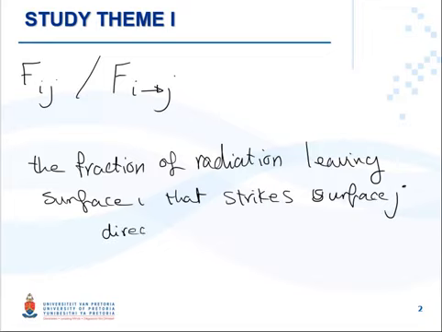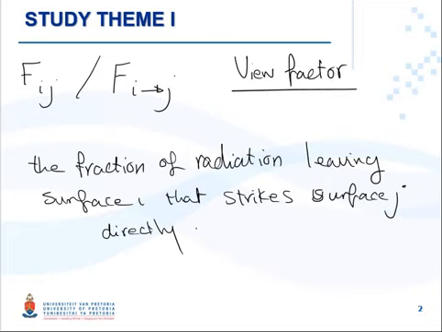Okay? So the fraction of radiation leaving surface i that strikes surface j directly, we call it view factor, and we show it with F_ij or F_i→j.